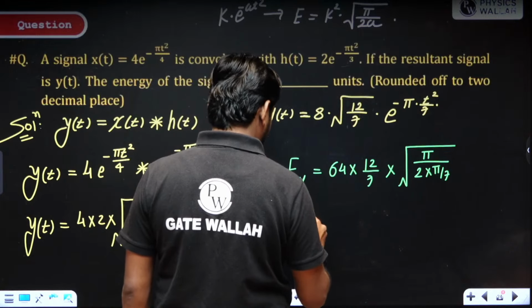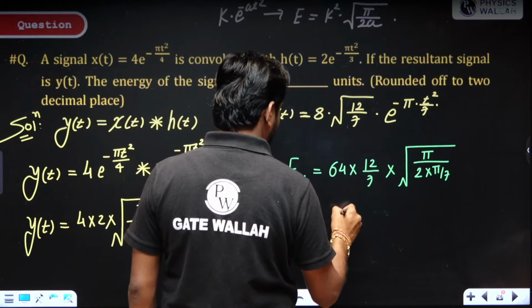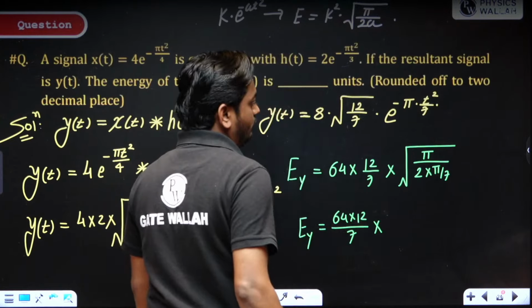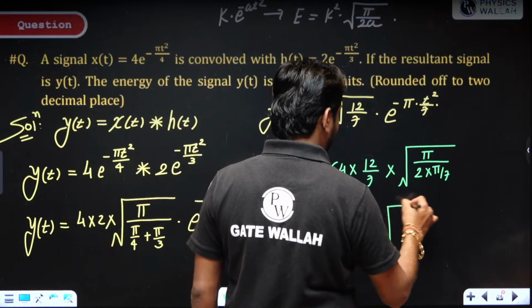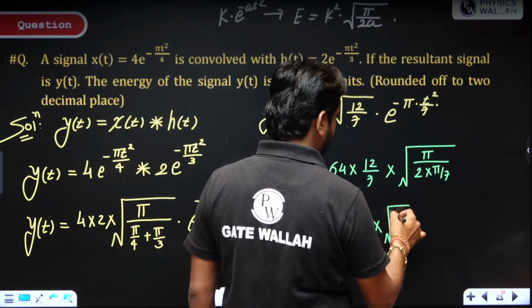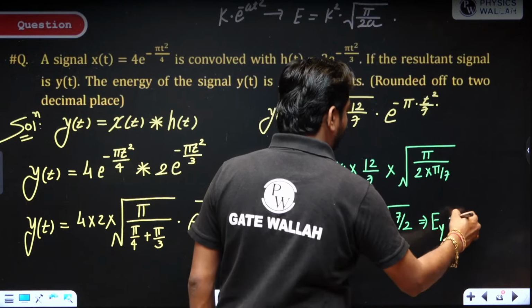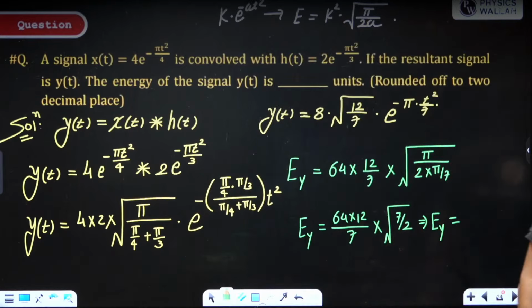So just simplify this and tell me the right answer. 64 into 12 divided by 7, into under root of, pi gets cancelled, 7 by 2. So tell me the numerical value, everyone. This is also a very important question. Tell me the final answer.